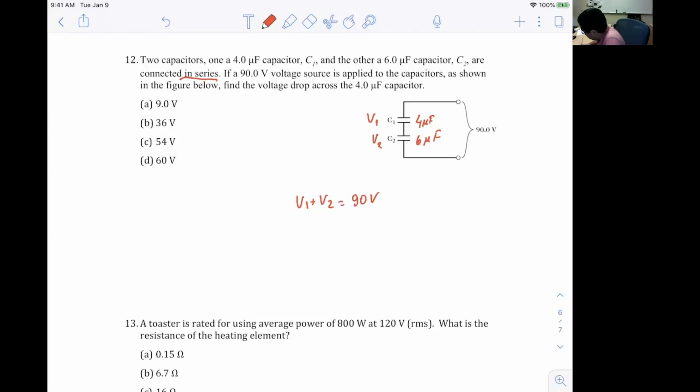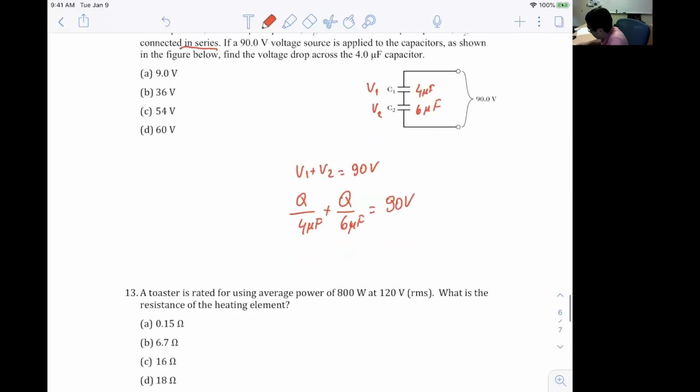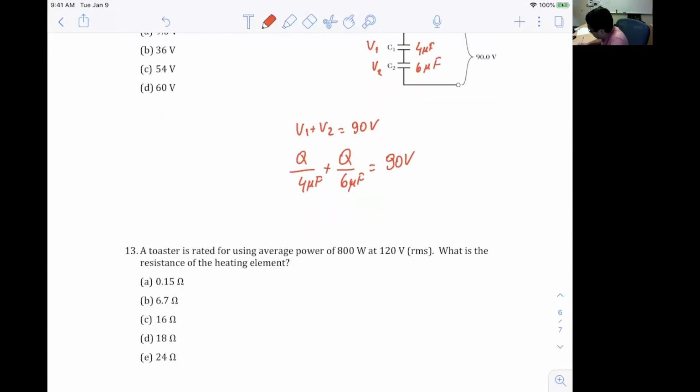And you can call it Q. The capacitance C1 is 4 microfarad and the other one is 6 microfarad. So Q times (1/4 plus 1/6), with a 1 microfarad unit for the capacitors, equals 90 volts.